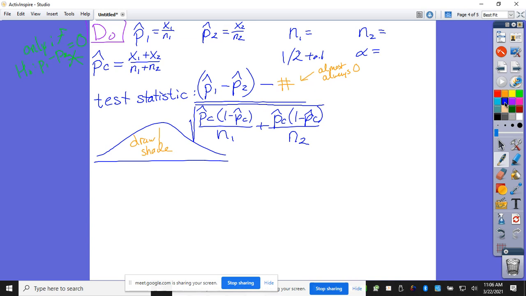P-value versus alpha. And then however you choose to do it, less than or not less than, whichever way you want to do that.